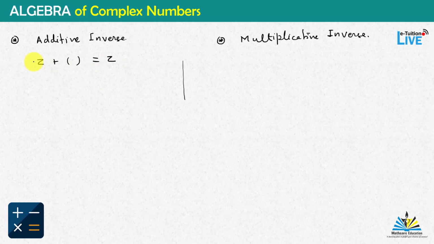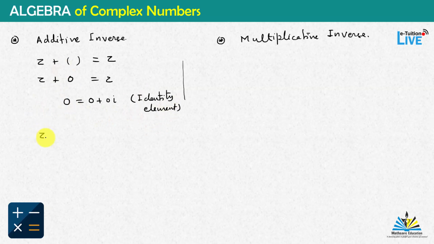You can see if we have the equation z plus something is equal to z, then you will get z plus 0 is equal to z, where 0 is equal to 0 plus 0 iota, and we call this the identity element for addition.